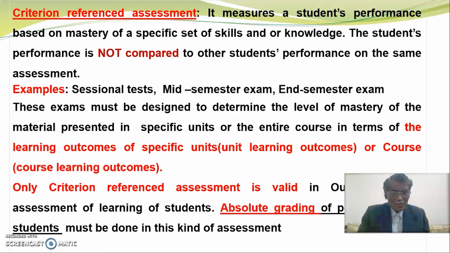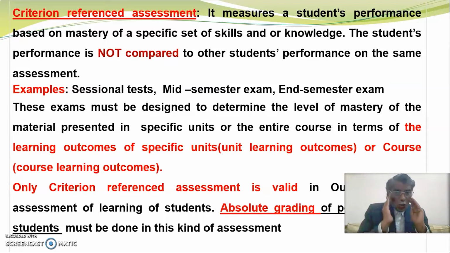These exams must be designed to determine the level of mastery of the material presented in specific units or the entire course in terms of the learning outcomes of the specific units. We call them unit level learning outcomes or course learning outcomes.